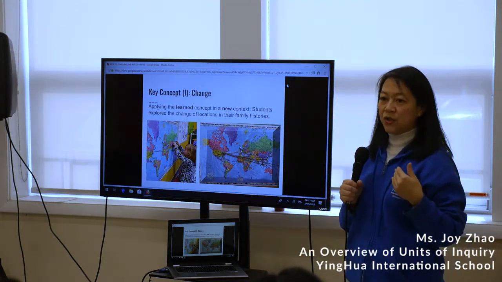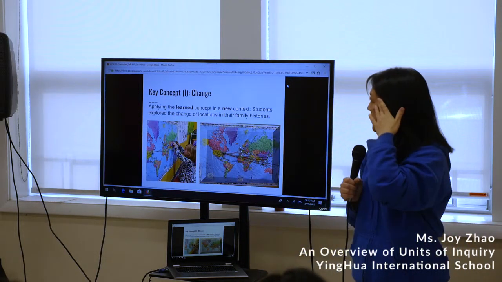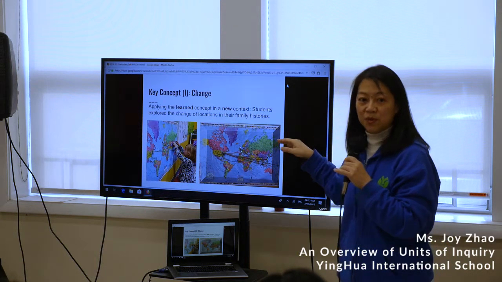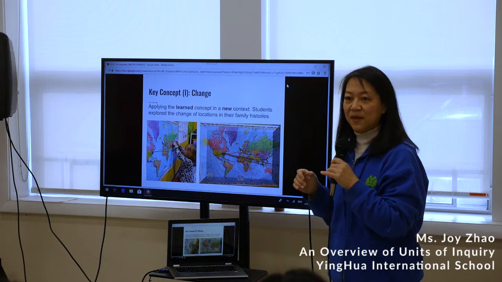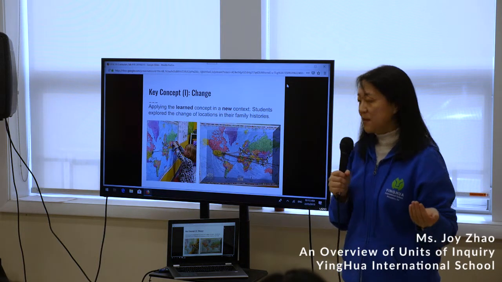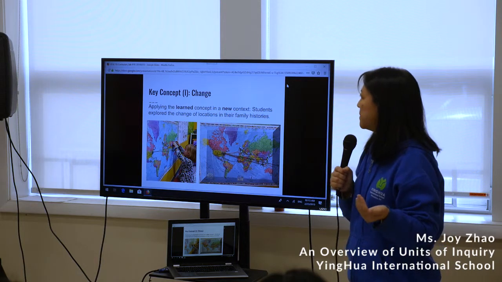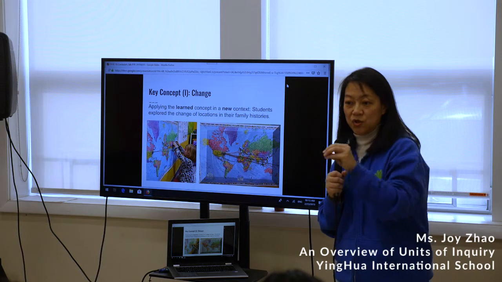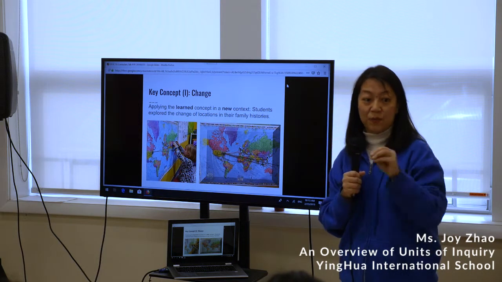Now with that concept of change in mind, they're going to apply it to this new context, which is family history. Because when you talk to them about family history, what does that mean, right? So we tell them that it means things in the family change over time or over space.